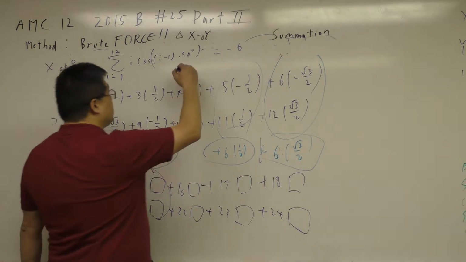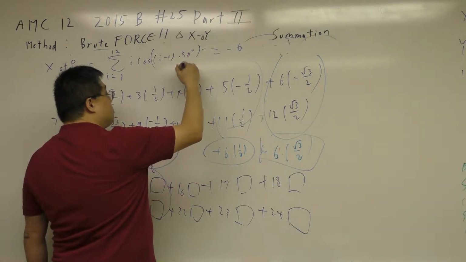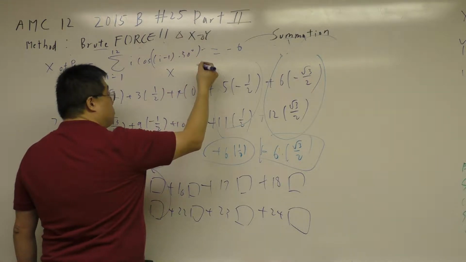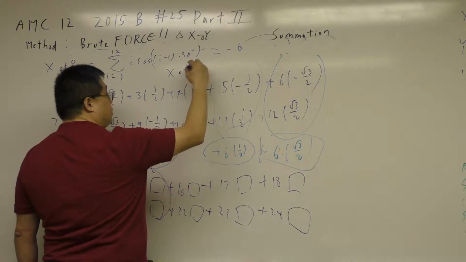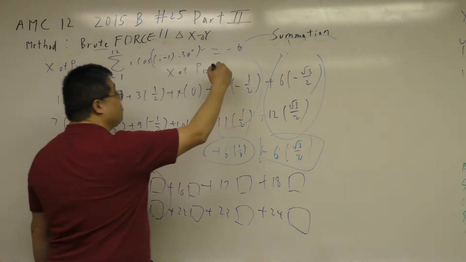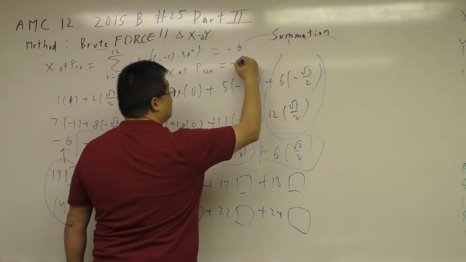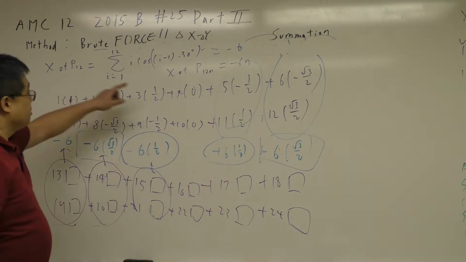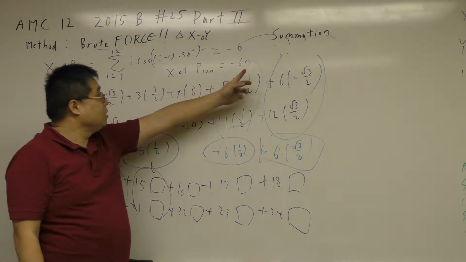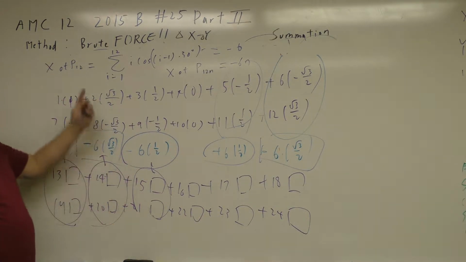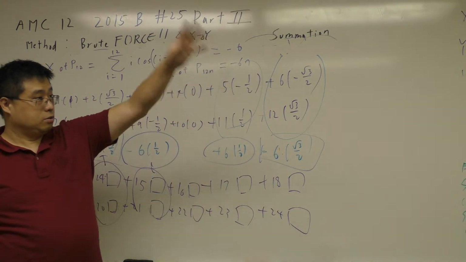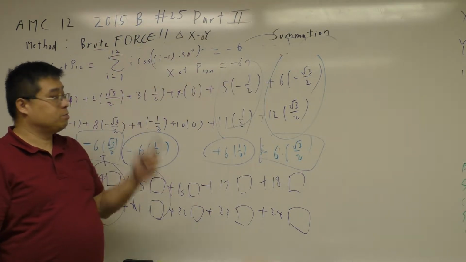So the x coordinate of the point P 12 times n would simply be equal to negative 6n. N is how many multiples of 12 you went, and that's your coordinate. So every time you go 12 steps, your x coordinate will decrease by 6.